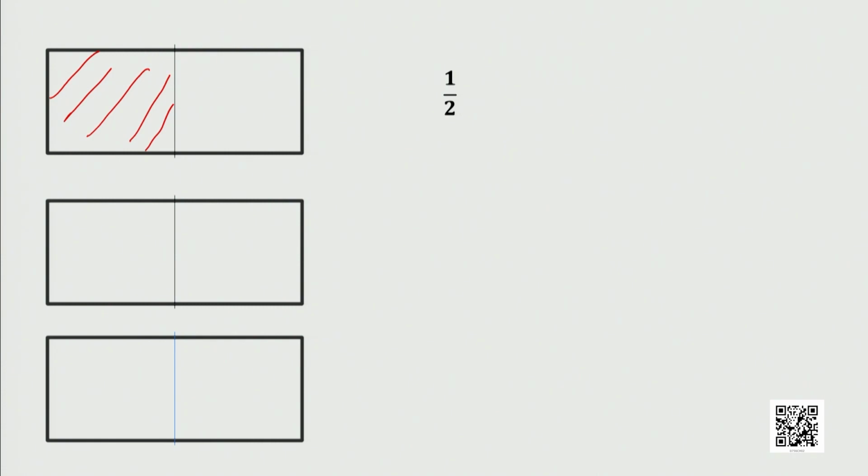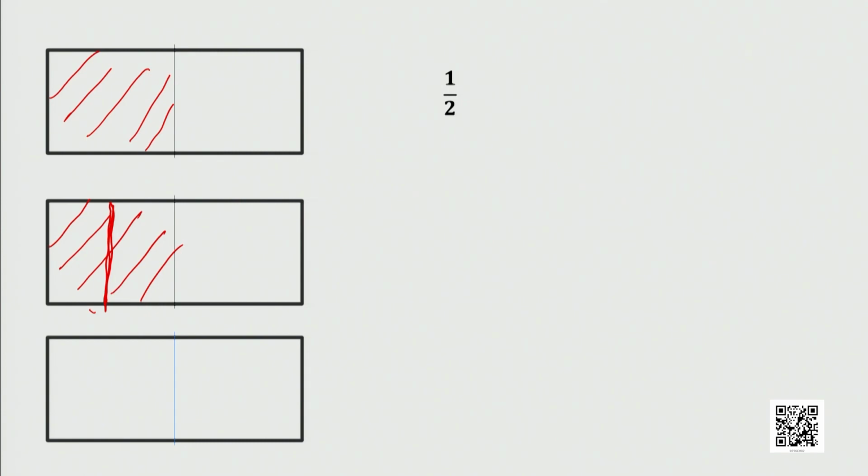Okay, let us move further. Again I have a rectangle divided into two parts. Again I am shading one part, but this time I am going to divide the shaded part into two parts.